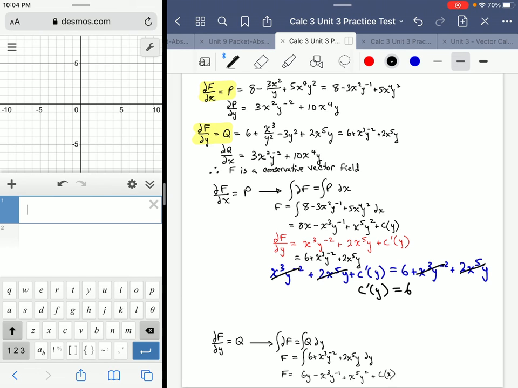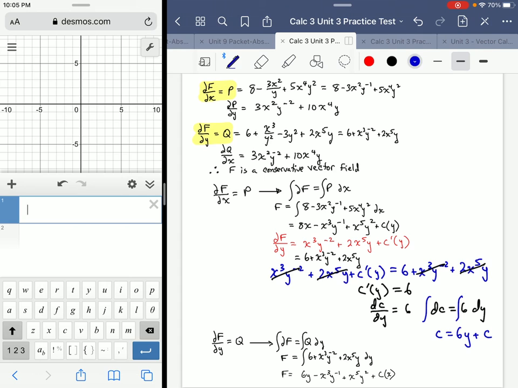So then c of y would be the next item on the list. I'd be looking to anti-differentiate this. So I could write this as dc dy is equal to 6, in which case I could write it as dc equals 6 dy. Integrate: c is equal to 6y, that's not a 6, 6y plus c.